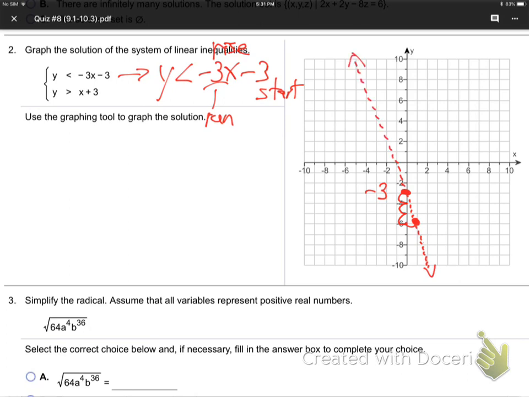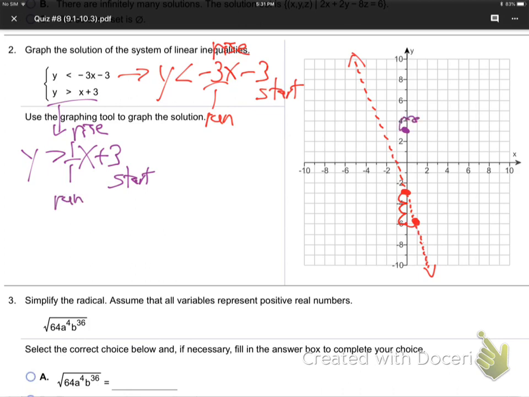Okay, and now for the second line, this one, y greater than x plus 3. So you start at plus 3 right here, at up 3. And then this is 1 over 1. You have nothing in front of that x. And so this is rise over run.